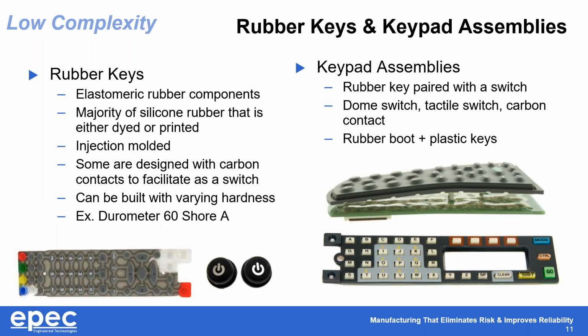Another low complexity technology that we support, again, is our compression molded silicone elastomer keypads. These are typically made of a variety of grades of silicone. Among them, we can support traditional industrial grade silicone, transparent and translucent silicone for backlighting requirements.